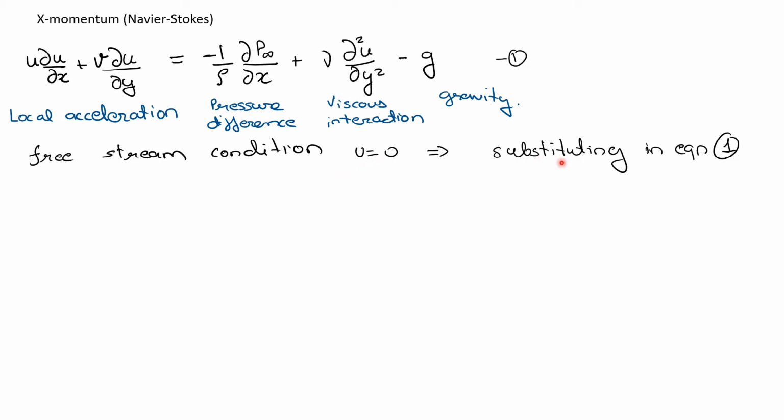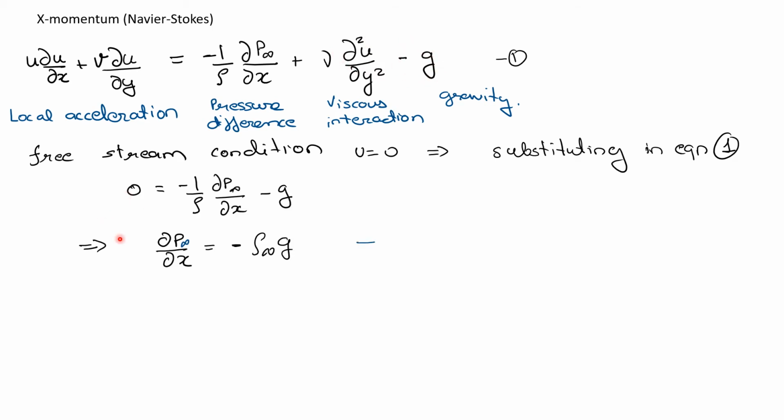So let's substitute this in equation 1. If you substitute u equal to 0, your first term will be 0. If you differentiate u equals 0 with anything, your del u by del y will also be 0. So you have 0 on the left hand side. On the right hand side, your second term or your viscous term will be 0, and you'll have the gravity term.